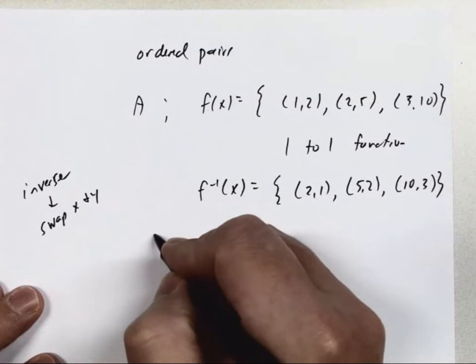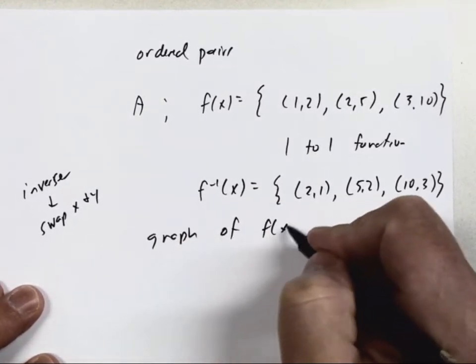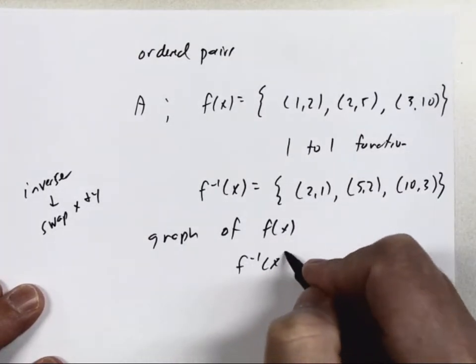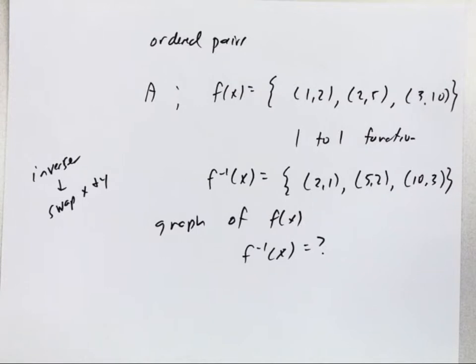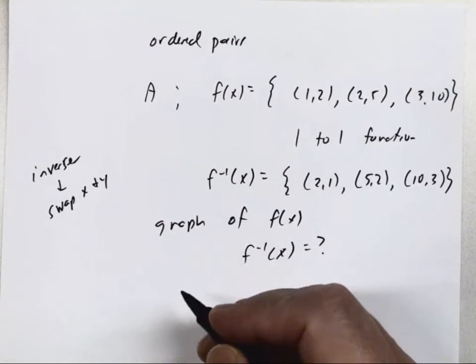If you're given a graph of a function, and it's a one-to-one function, how could you determine the inverse function? I actually created a graph here. Let me tell you what you do, then I'll show it to you.